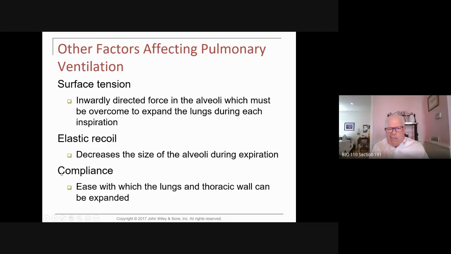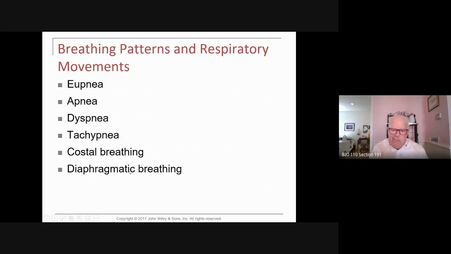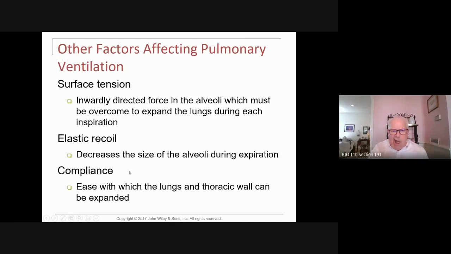Anything that affects your chest wall or your lungs will decrease compliance. You want high compliance. If I shot you in your chest, I would decrease your compliance. If I took a baseball bat and struck you in your ribs, you would have decreased compliance.